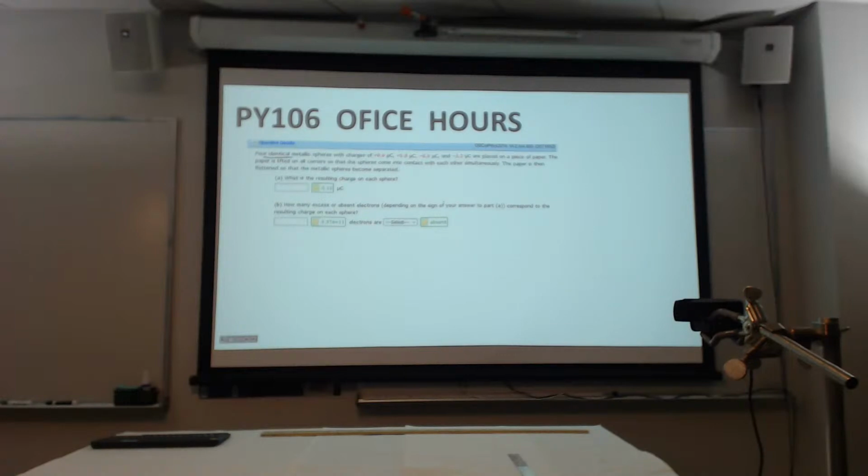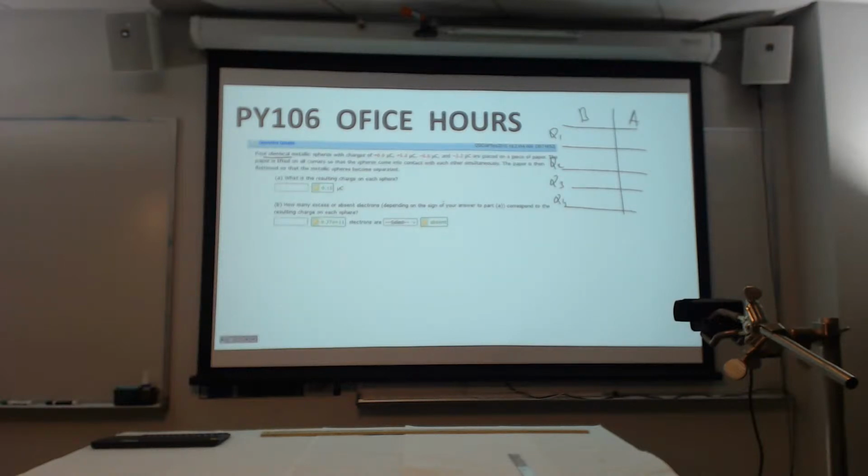It means that after they have been connected, the final charge on each sphere is supposed to be the same, correct? Yes. So we've got two situations, before and after, and four spheres, four charges, Q1, Q2, Q3, Q4.